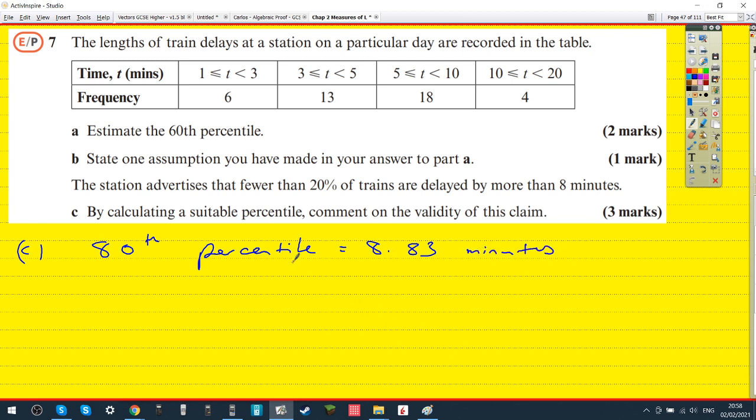The station advertises that fewer than 20% of trains are delayed by more than 8 minutes. So for the 80th percentile, is that the answer for C, or part of the answer? Part of the answer.